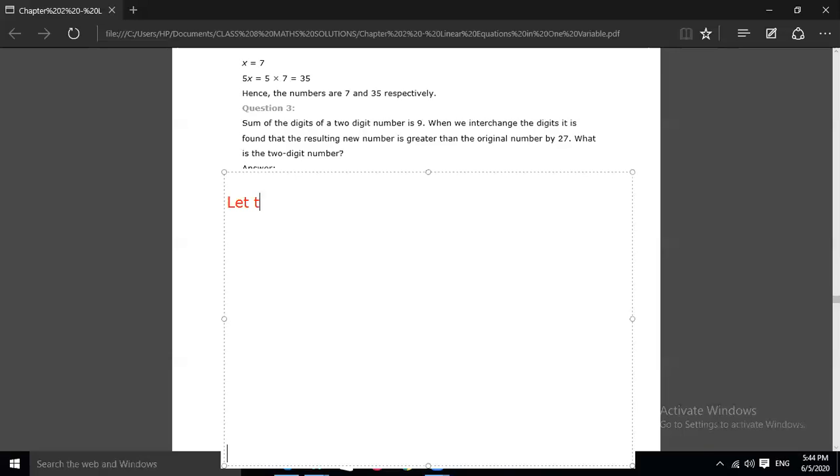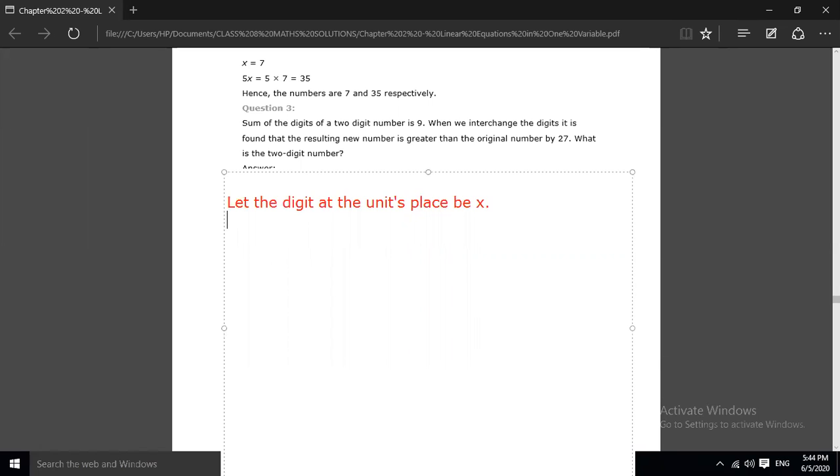Let the digit at the units place be x. So the digit at the tens place will become 9 minus x, because the sum of the digits is 9.